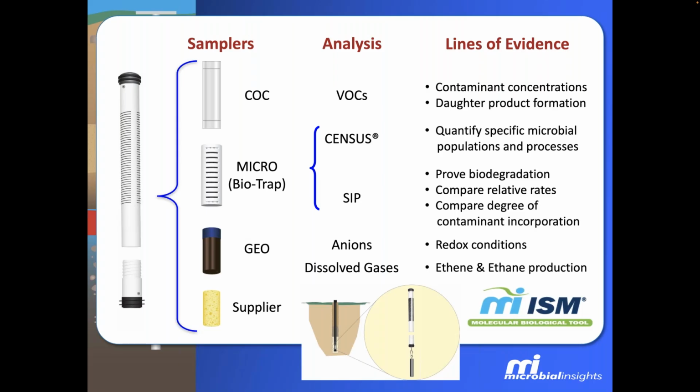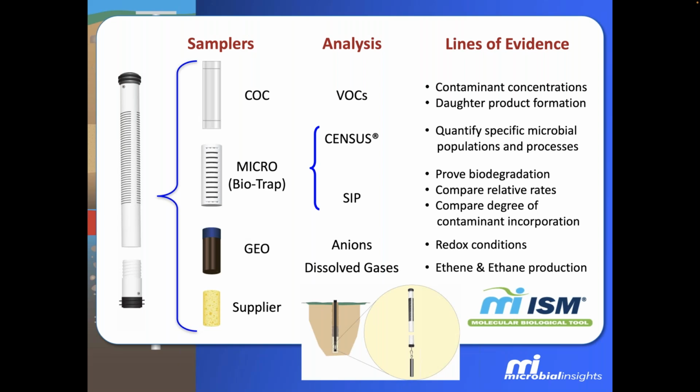We can also have a passive diffusive sampler for the inorganics so that we can look at redox conditions, changes in electron acceptors, etc. And then we have this device here called a sampler. Now, this is just represented by a sponge here. There are different kinds of devices that can be used to supply material.